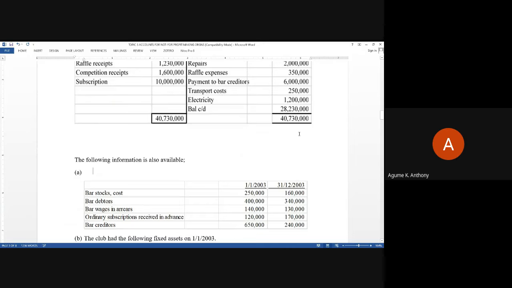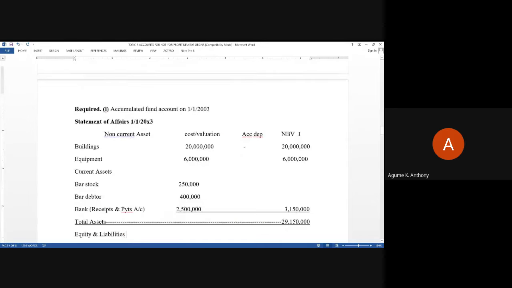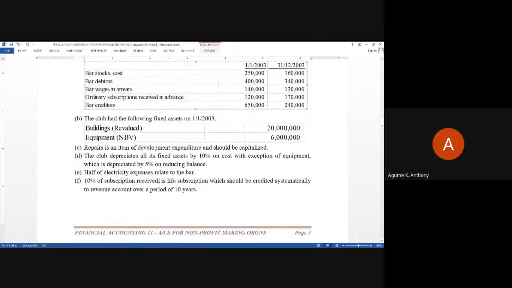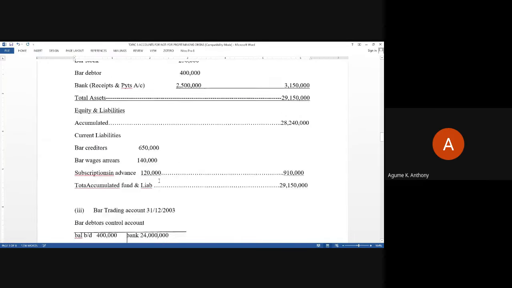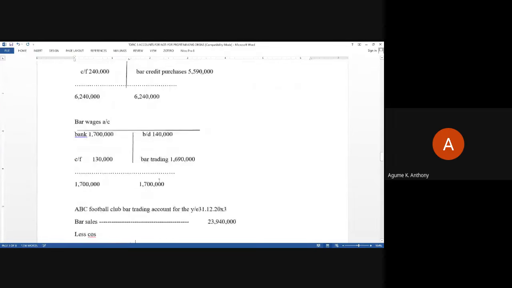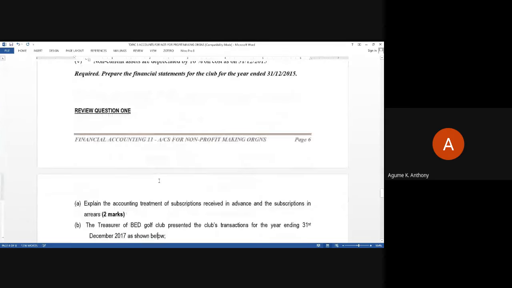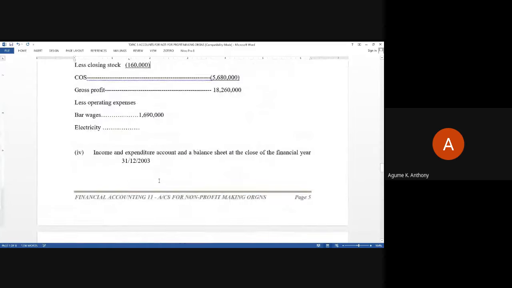But in the additional information, they say that half of the electricity expenses relate to the bar. So this 1.2, I'm going to divide it. The 600 will be charged in the bar trading account, and the other 600 will be taken to the income and expenditure statement. Electricity is 600.